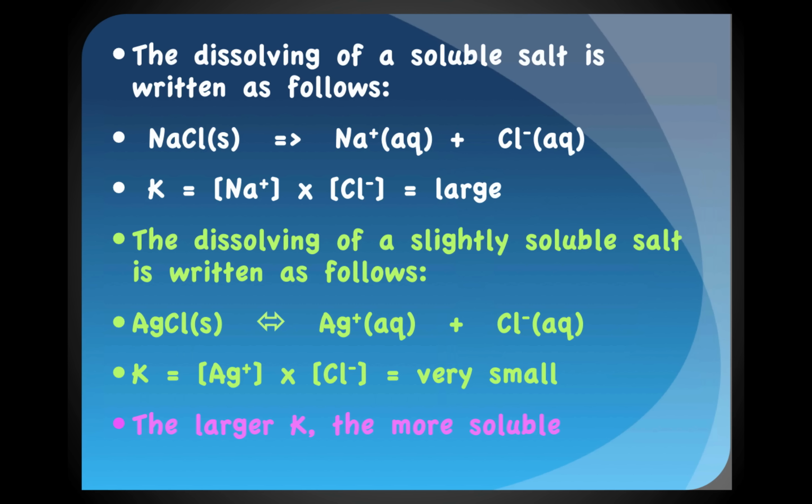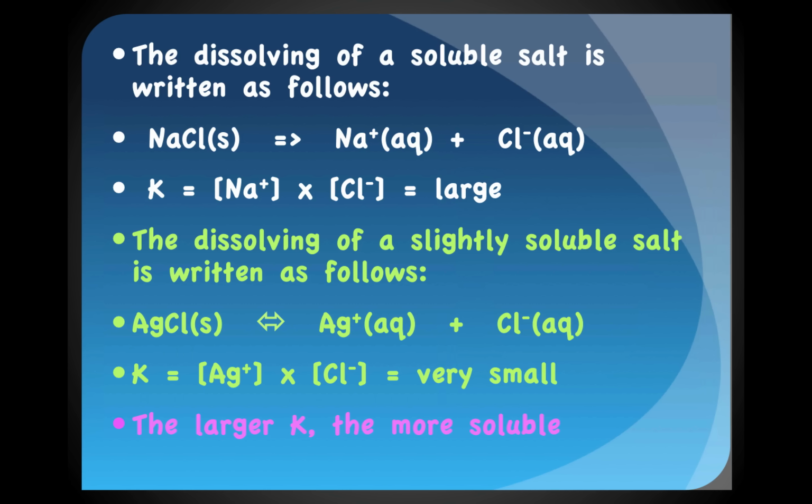This is different if you're dissolving a slightly soluble salt. For example, looking at silver chloride. The dissolving of a slightly soluble salt is written as an equilibrium reaction. In this case, an equilibrium is established between the dissolving and recrystallizing of the solute.